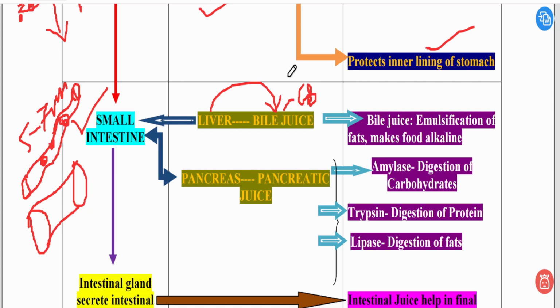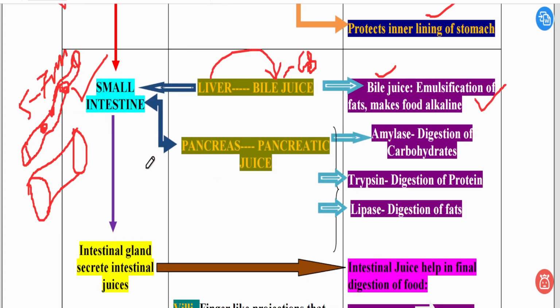As and when required, the gallbladder releases the bile juice. Now this bile will help in the emulsification of fats. That means the fat molecules will be broken down with the help of bile juice. Then next is the pancreas.